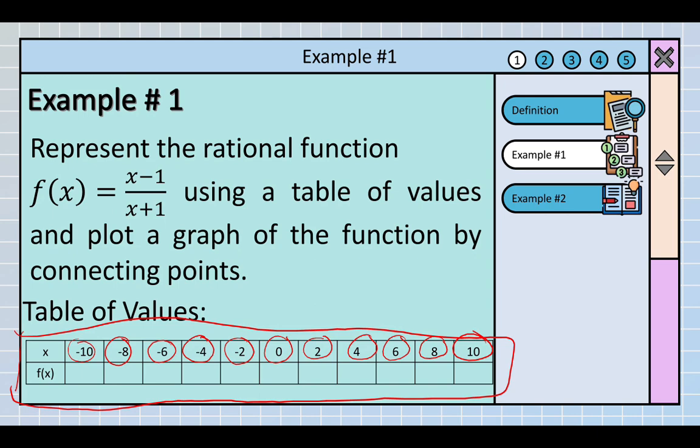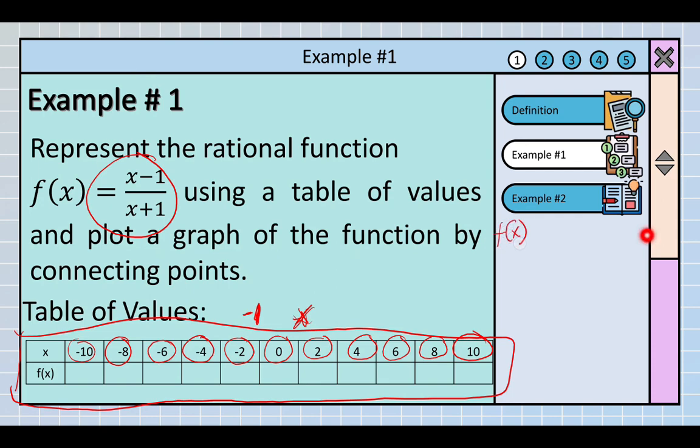Negative 1 does not appear here. Let me erase that one. There is a negative 1, but it cannot be included. Why? It makes our rational function undefined.